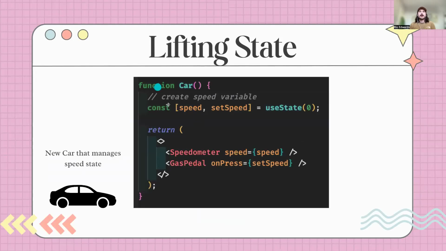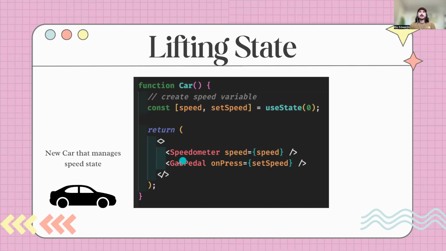So this is our updated car component, where we create the speed variable inside the car component. And then our speedometer now has access to this speed variable. Our gas pedal, well, before it didn't need any props, but now if we want to change the speed in the gas pedal, we have to have access to this set speed function.